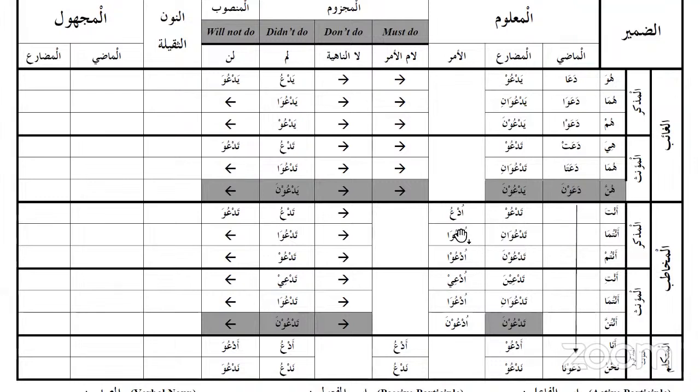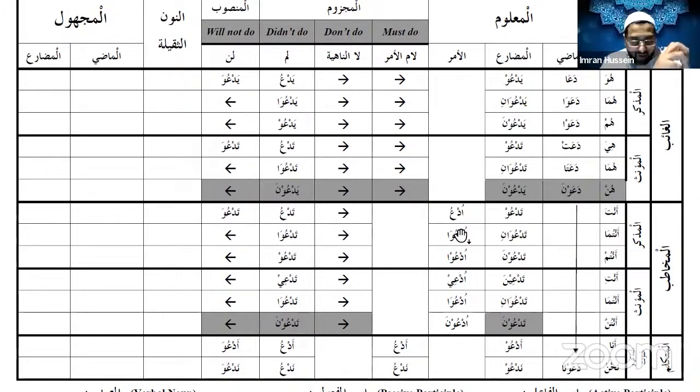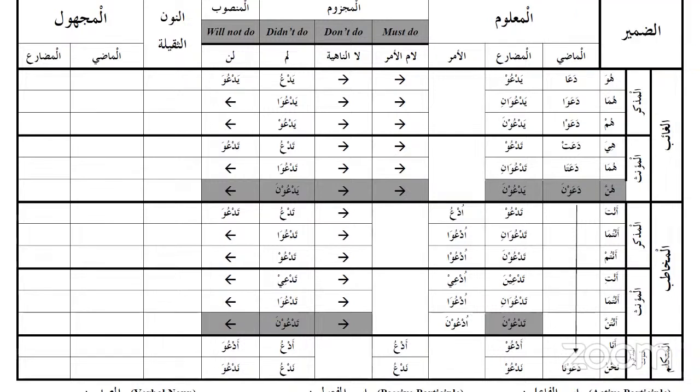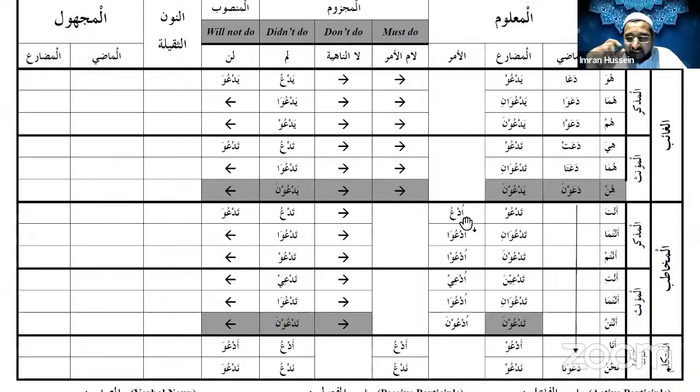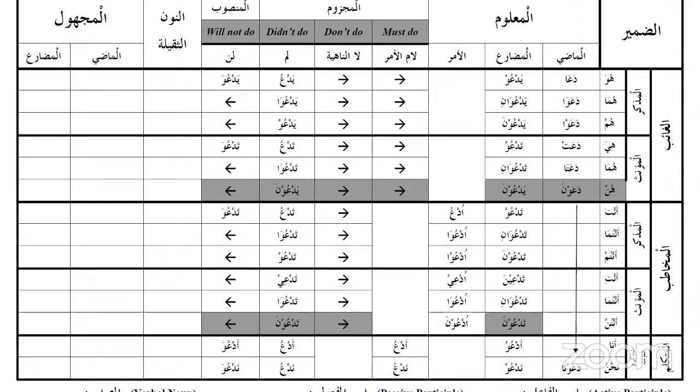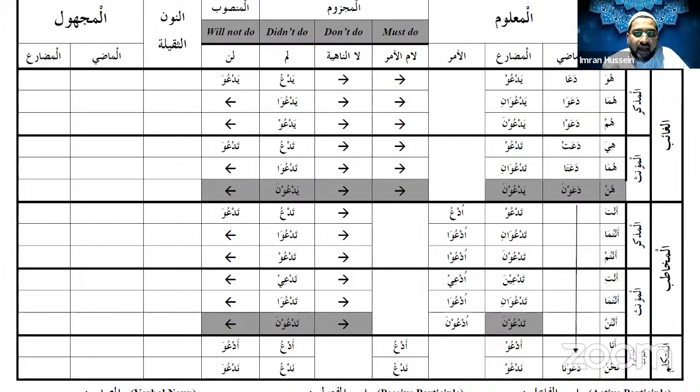Whenever there is a weak letter at the end of a verb, be it a waw or a ya, drop it. Now this is a really important point. In amr, when you're making the command for a verb which has a weak letter at the end, dropping of the waw and dropping of the ya is the sign of it being in the state of majzoom.